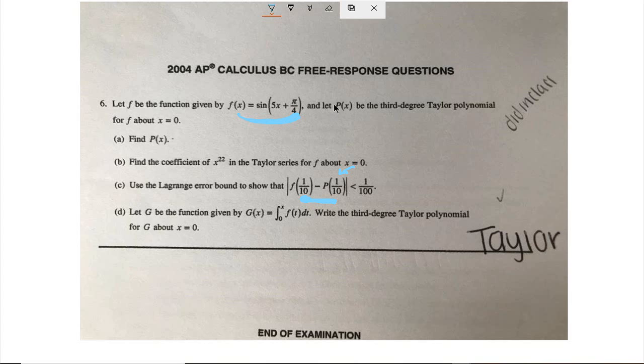But here it says the third degree. Then we'll find this for the third degree Taylor polynomial or Maclaurin.